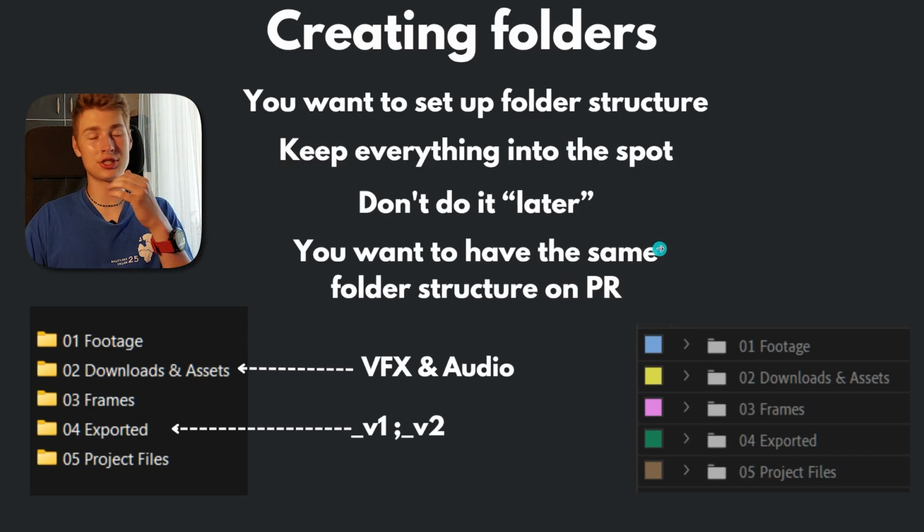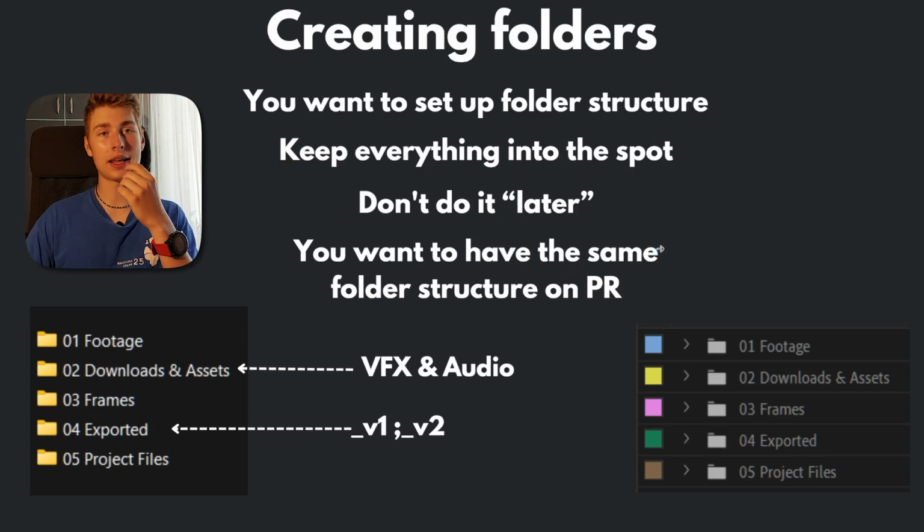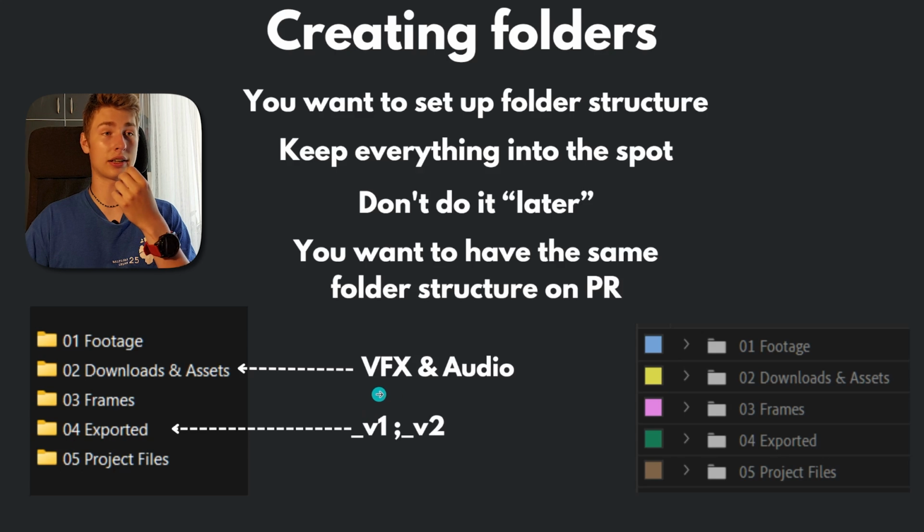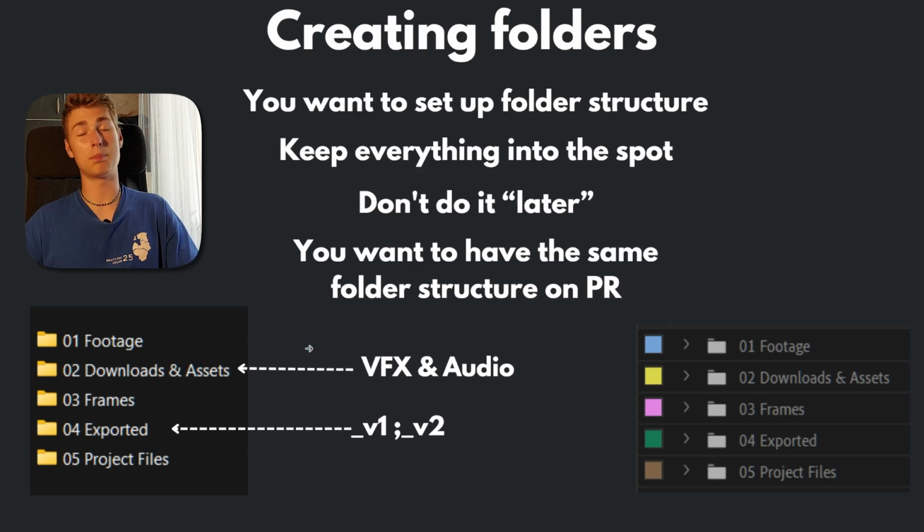For example, if you want to create some frame footage and you need to download assets, do it already at the beginning, because you're going to get overwhelmed with assets in some random folders and everything. So just put what you download from the internet already in the downloads folder, because that was my big mistake in the previous video.